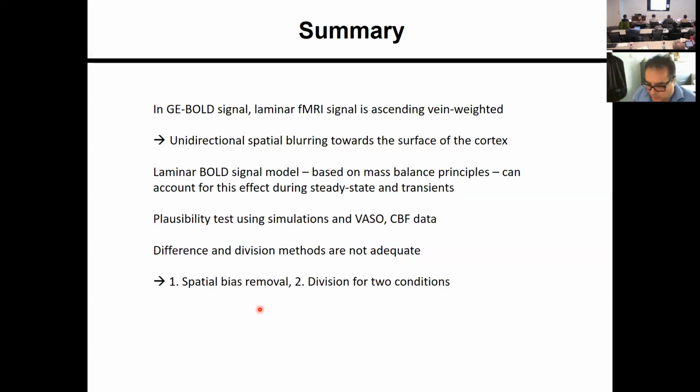We understand more how laminar fMRI is working. We have more contrast. We are getting more neuroscientific insights. And by learning, we should improve the way we are approaching laminar fMRI, and also how we interpret results.